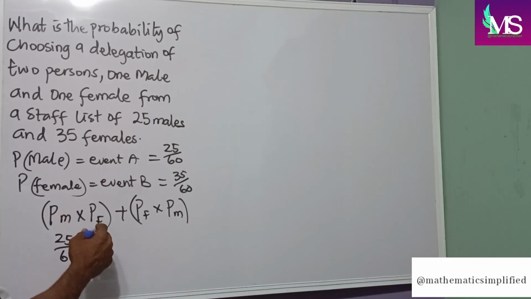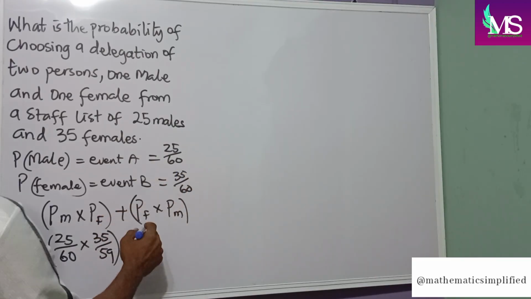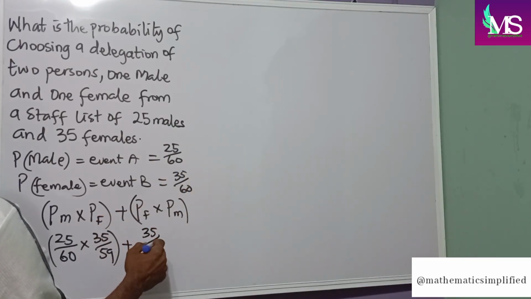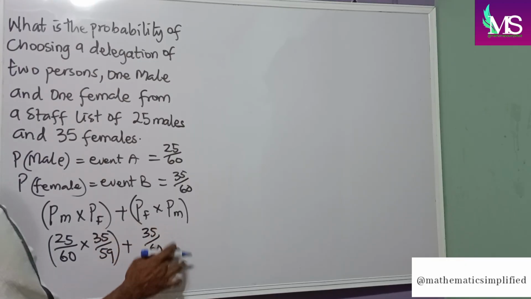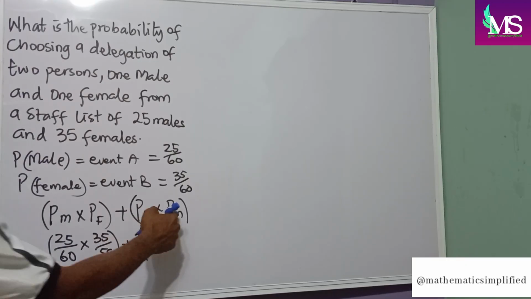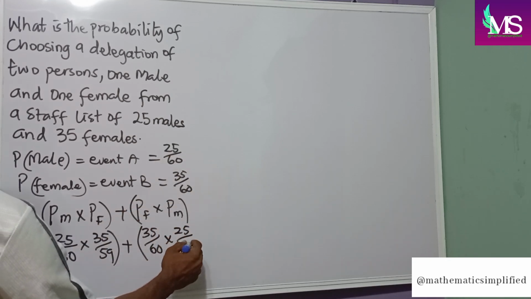So this becomes 35 over 59, plus, if a female is chosen first, that becomes 35 over 60 times a male chosen second, which will become 25 over 59.